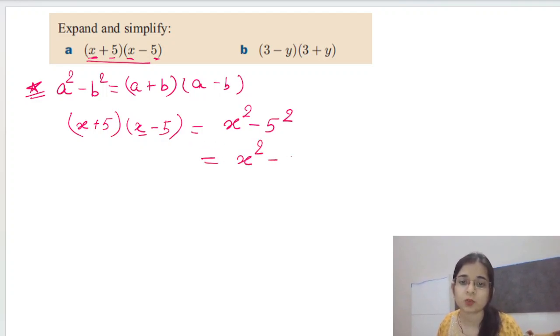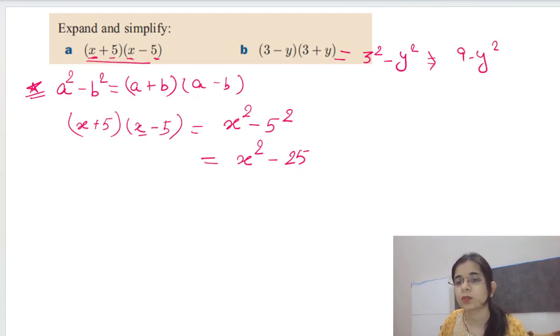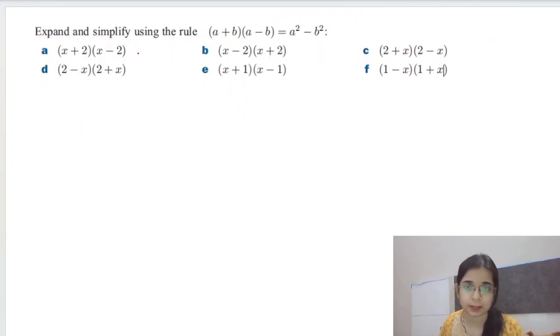So this will be x square minus 25. We are not doing anything, we are just substituting the values of a and b. Now to solve this, the first term is 3, so 3 square minus the square of the second term, y square. So this is nothing but 9 minus y square. Understood?